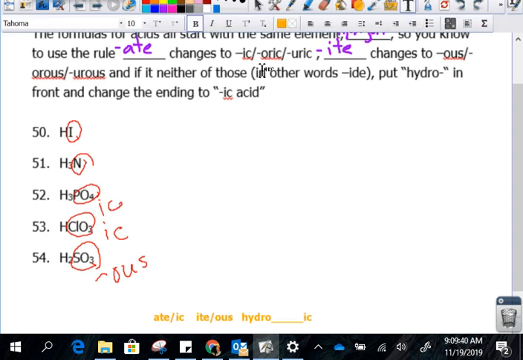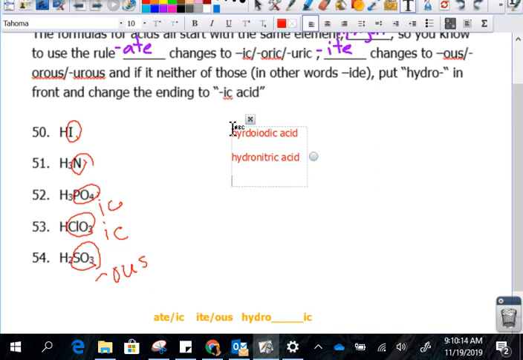I'm going to show you my fantastic typing skills. So hydroiodine becomes iodic and then acid. And then nitrogen, let's see, nitric, there we go. Hydronitric acid.